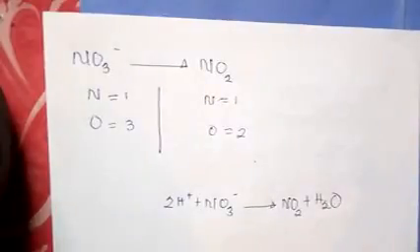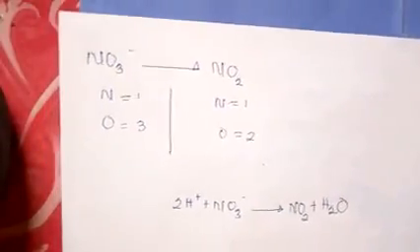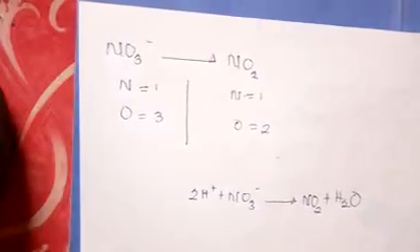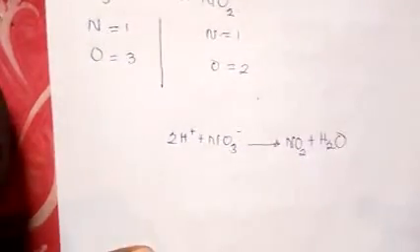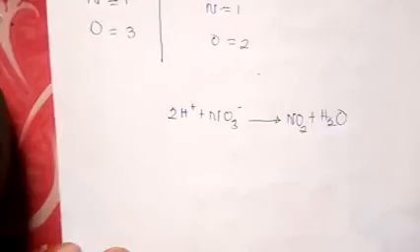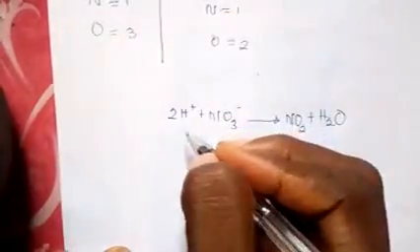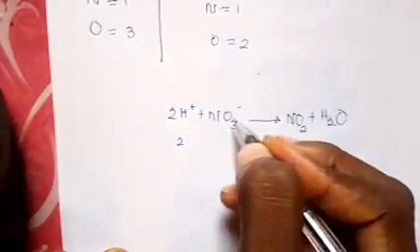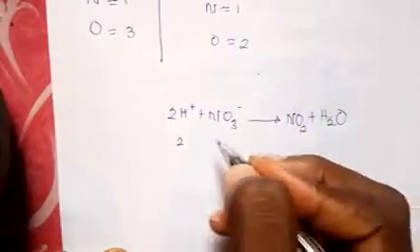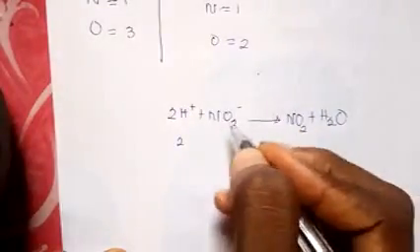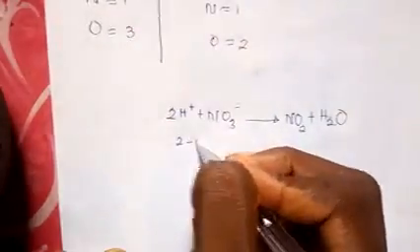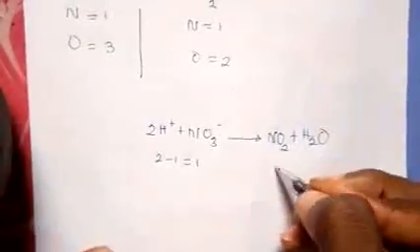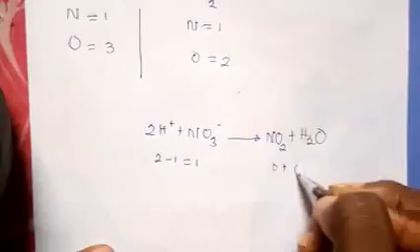But the equation cannot be totally balanced when the charges are not balanced. So the next thing to do is to balance the charges. Hydrogen here is plus 1, 2 times plus 1 is 2, NO3 here is minus 1, so 2 minus 1 is equal to 1. This other side is 0.